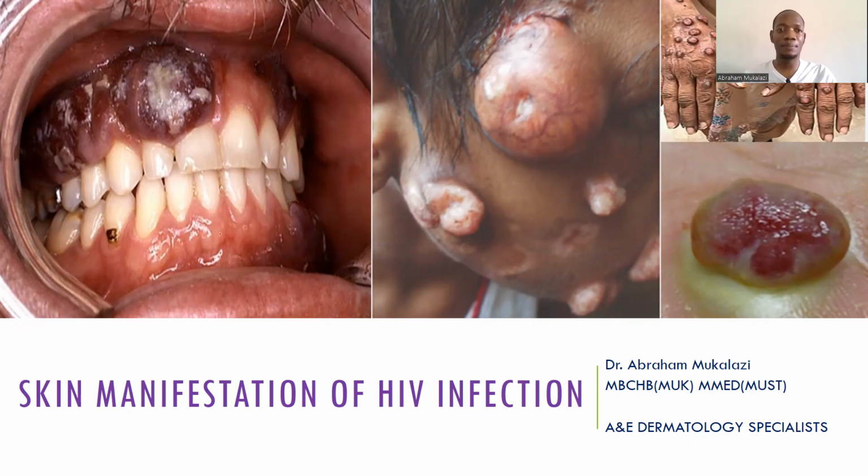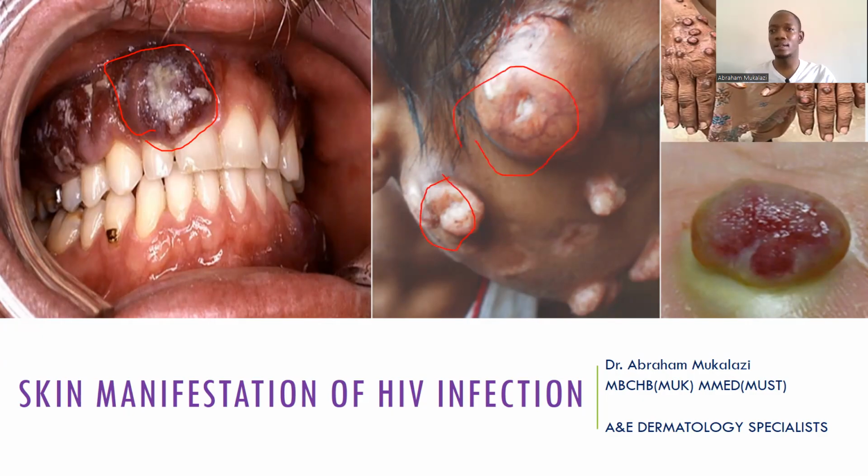So as you can see, in the pictures that I've shown, in this case, we are seeing a patient having a lesion in the oral mucosa, which is dermatitis, swollen, nodular, plaque-like, and another one is having giant nodules on the face.